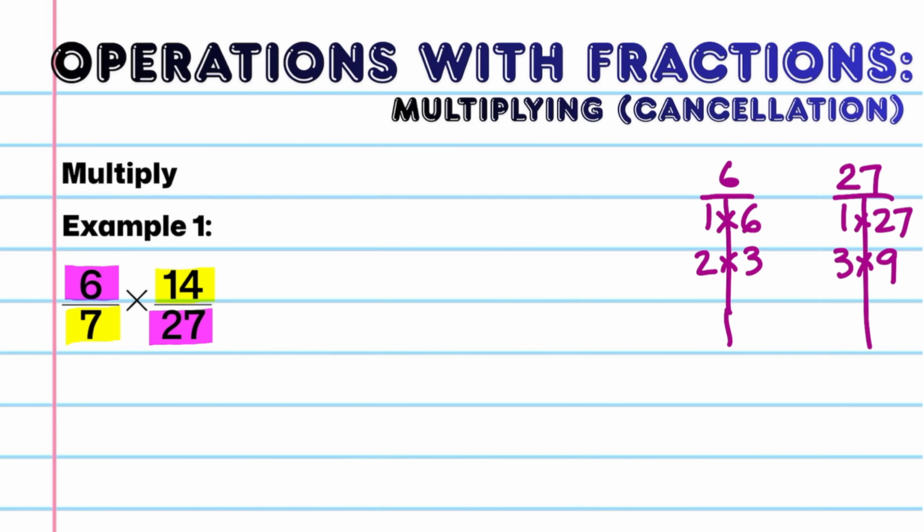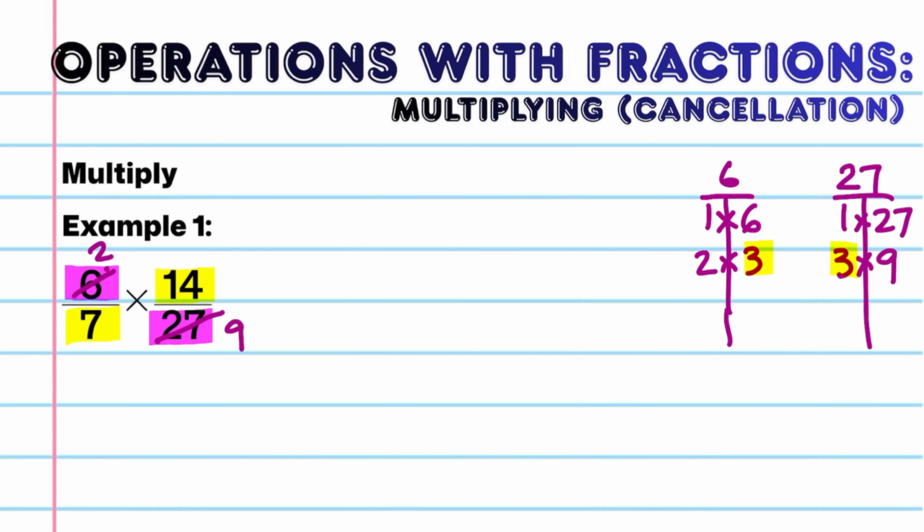So what is the GCF? Well, they both have a 3 in common. So that means my GCF is 3. I'm going to divide 3 into 6 and 3 into 27. When I do that, now my 6 is going to become a 2, and my 27 is going to become a 9.